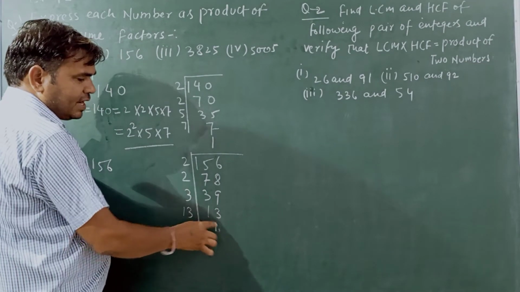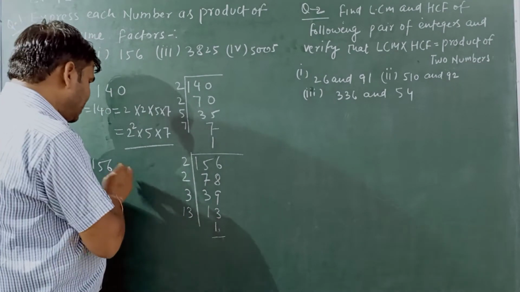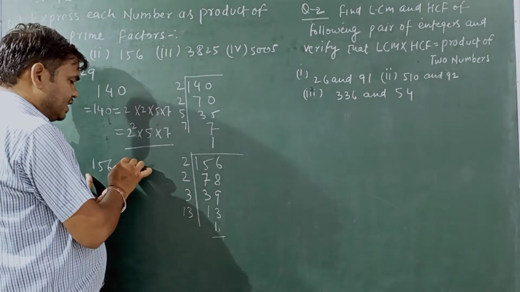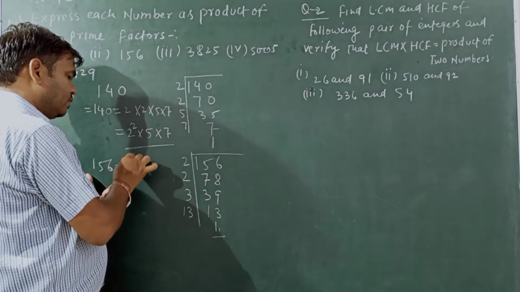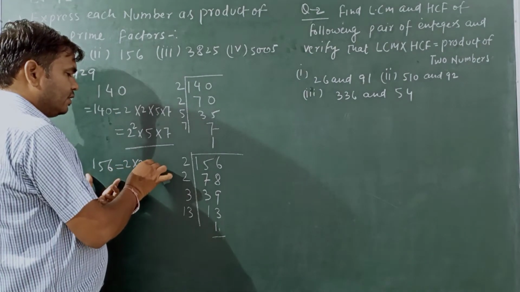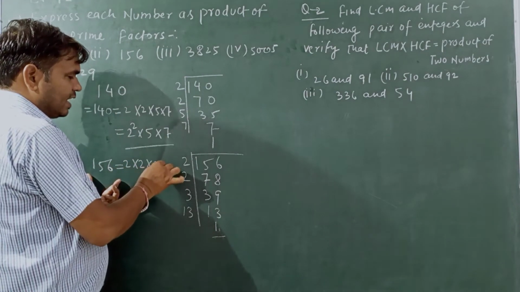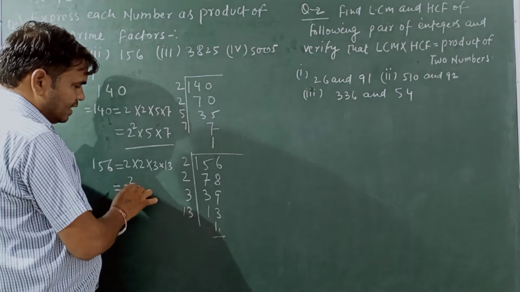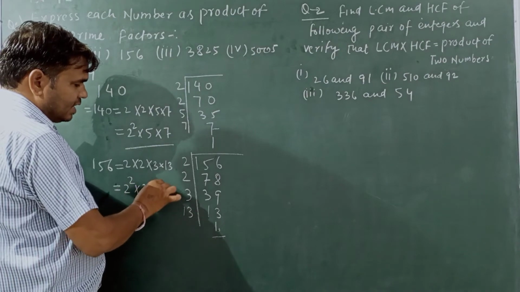So here you get 1, and by the prime factorization method we get the factors of 156: 2 multiply 2 multiply 3 multiply 13. So we can write that 2 to the power 2 multiply 3 and 13.